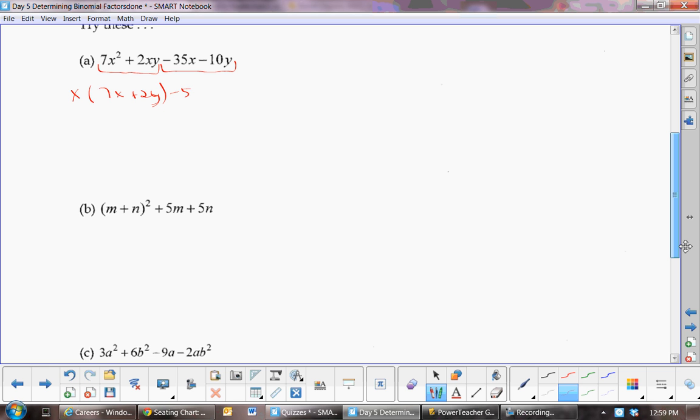So you kind of have to know where you're going to be able to say which one you're going to take out. If I take out a negative 5, that would give me 7x plus 2y, right? Because a negative divided by a negative is a positive. Okay. And now I can factor out my factors. So 7x plus 2y comes out, leaving me with x minus 5.